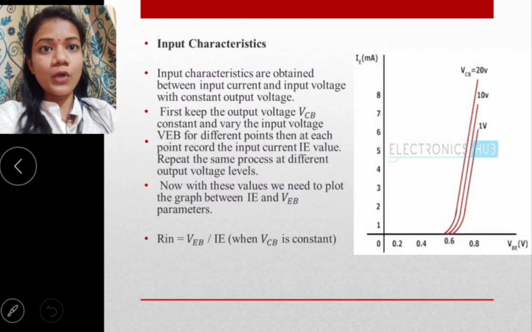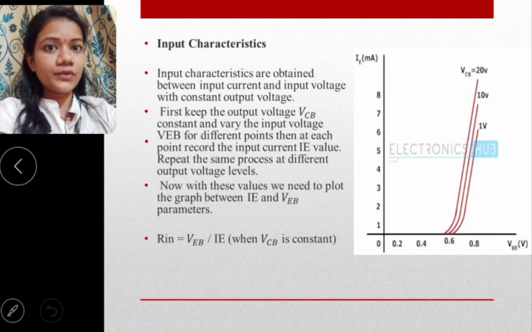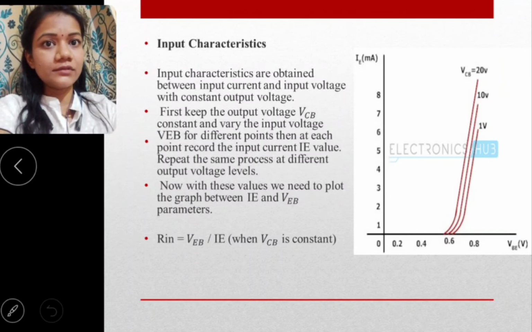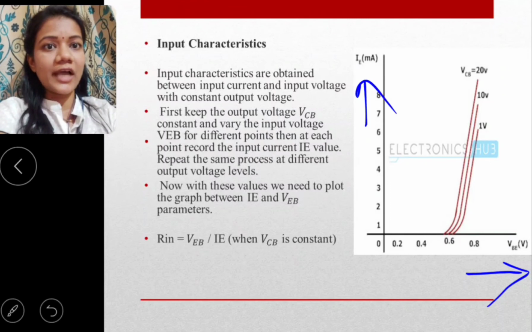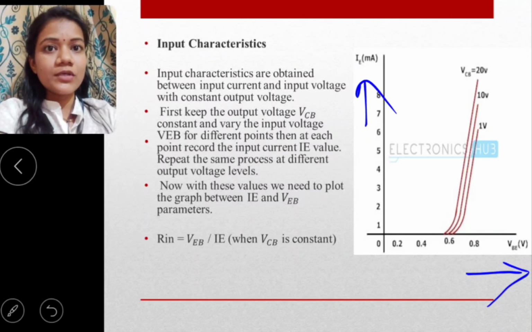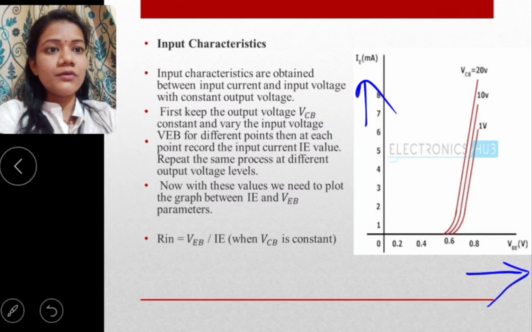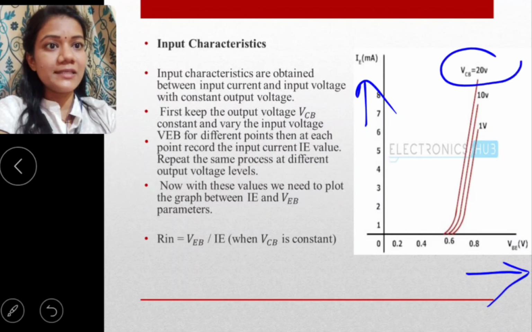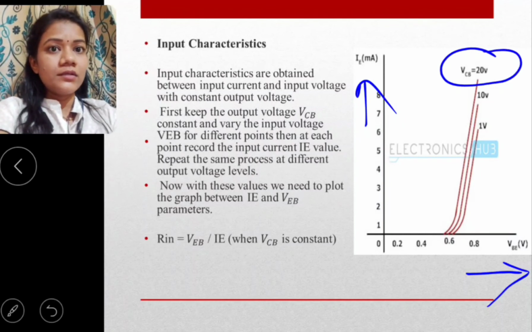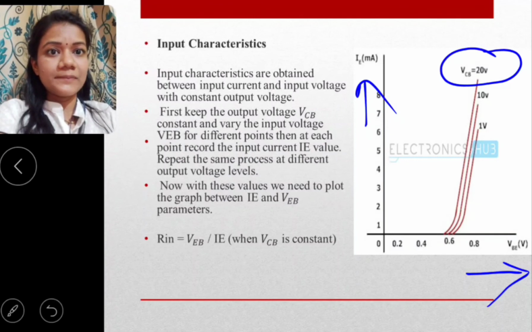To plot input characteristics, we plot the graph of input voltage and input current, that is IE and VBE. For this, we have to keep the output voltage, VCB, constant and vary the input voltage.